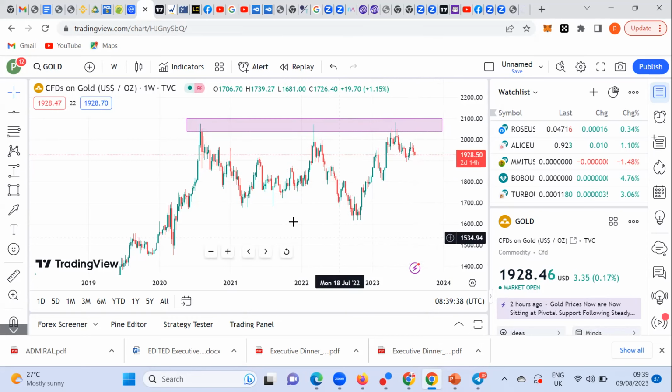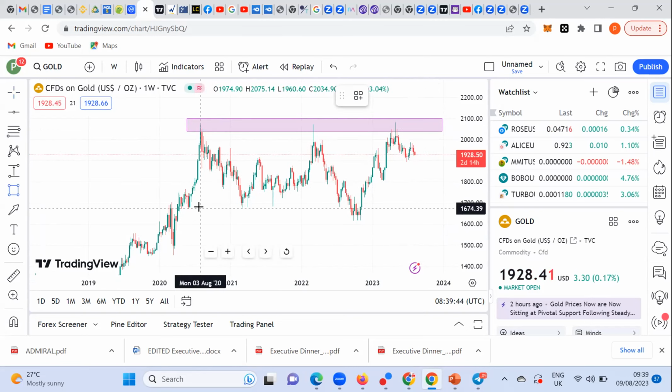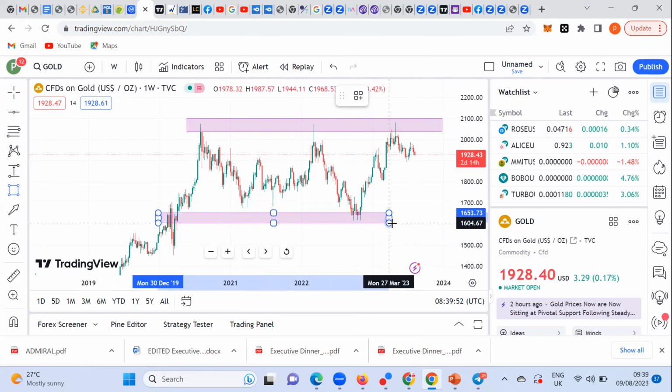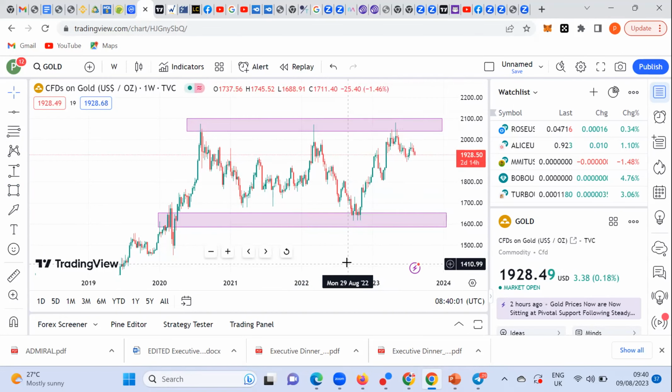So I'm going to come to another area of interest, which will be here. Let me take the rectangle again. Downward here, this is a zone. So this is another zone being identified.